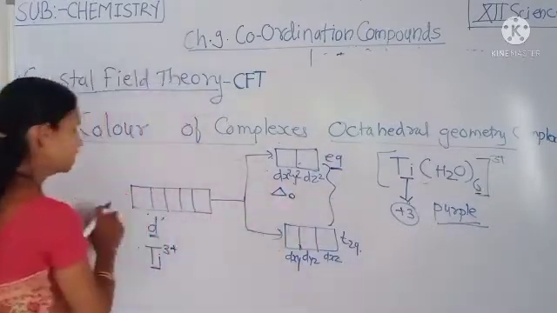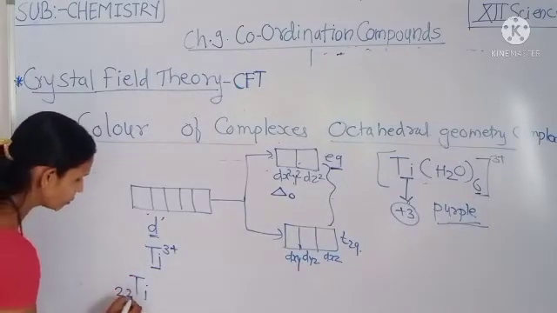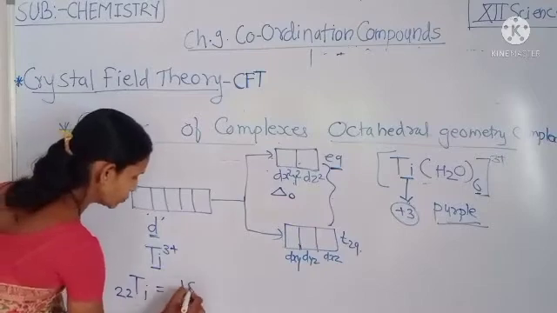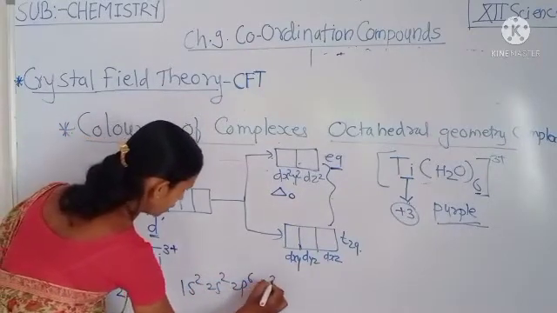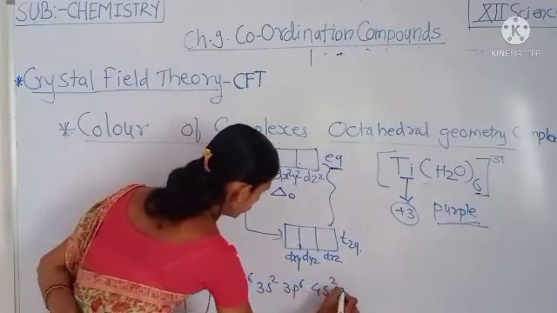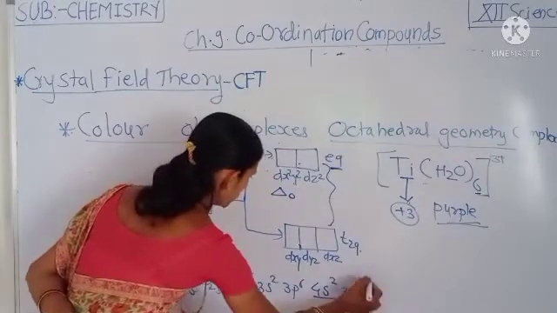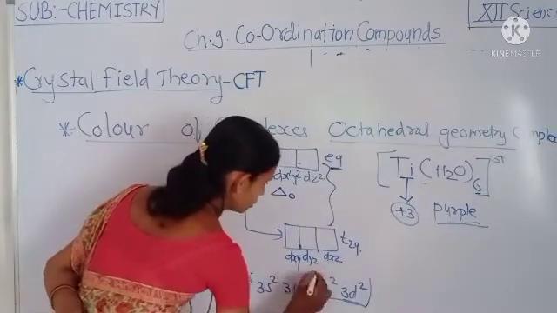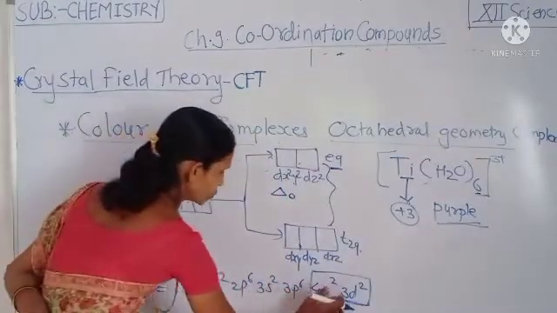Titanium has atomic number 22. The electronic configuration is 1s2, 2s2, 2p6, 3s2, 3p6, 4s2 and 3d2. That means the valence electronic configuration for the titanium atom is 4s2, 3d2.